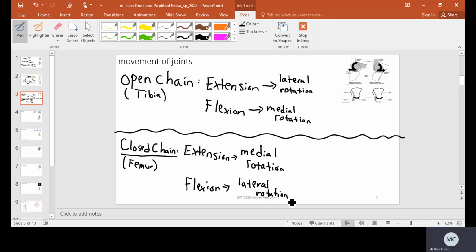Because let's think about it. If my patient is lacking 10 degrees of extension and the therapist is pushing evenly on the lateral and medial tibial plateaus, are they really providing the most effective treatment? No. They should be pushing harder on that medial side because it has more room to slide.